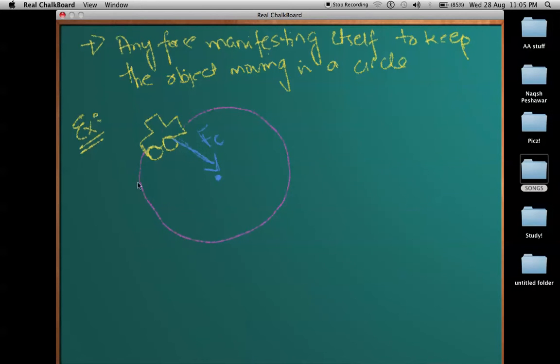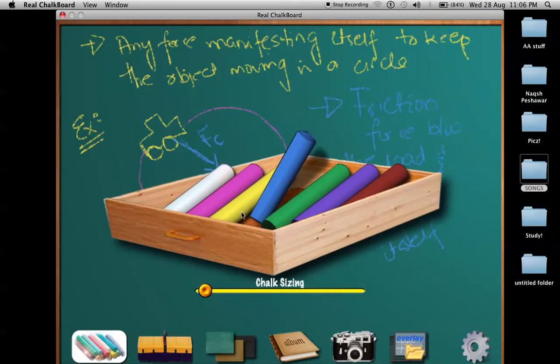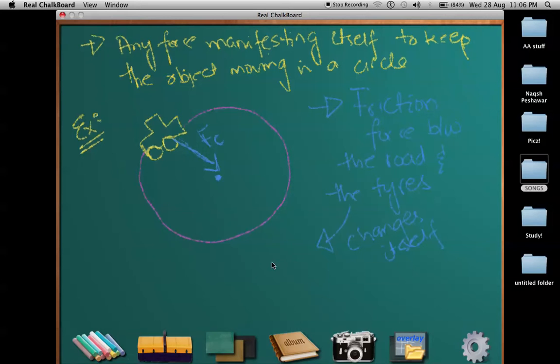Basically, in the case of a car turning around a roundabout, the friction force between the road and the tires changes itself and forms the centripetal force in this case.